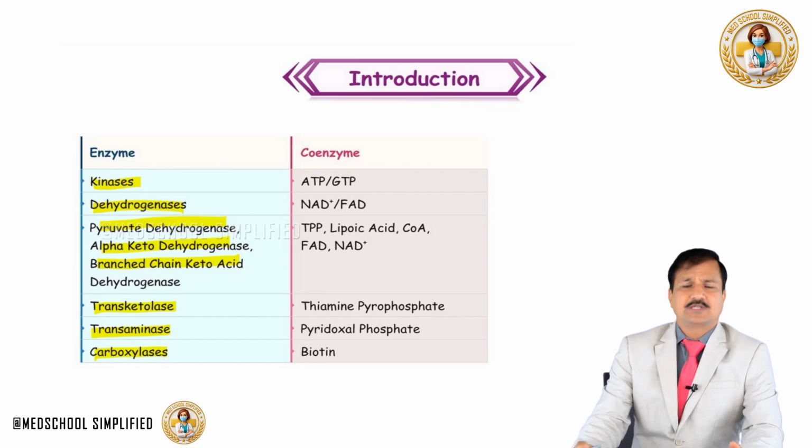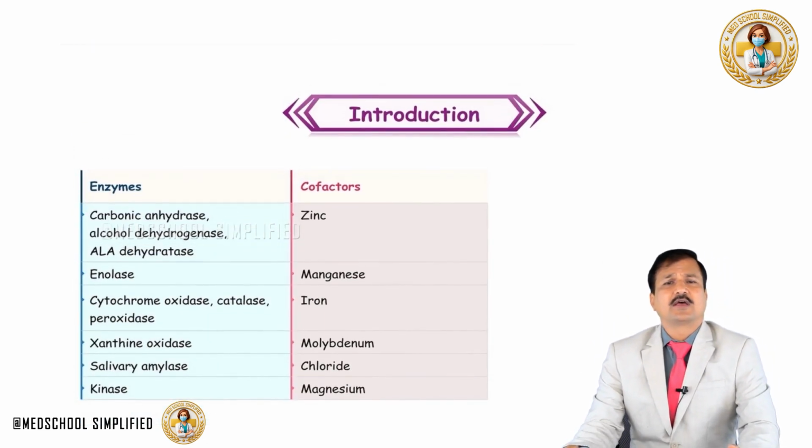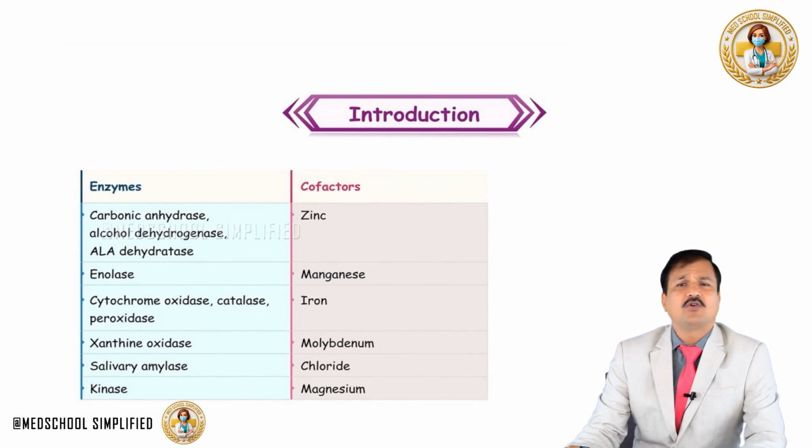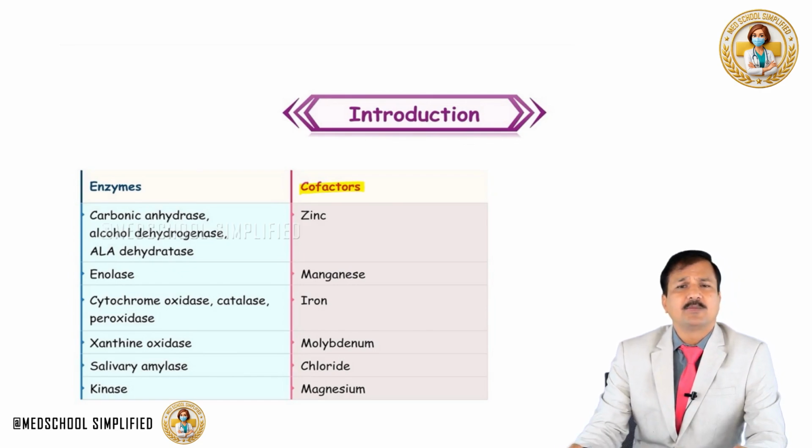Now let's move on to see the examples of enzymes that need cofactors. Cofactors are inorganic molecules that bind with an enzyme and enhance the enzyme activity. Generally the cofactors are metal ions.